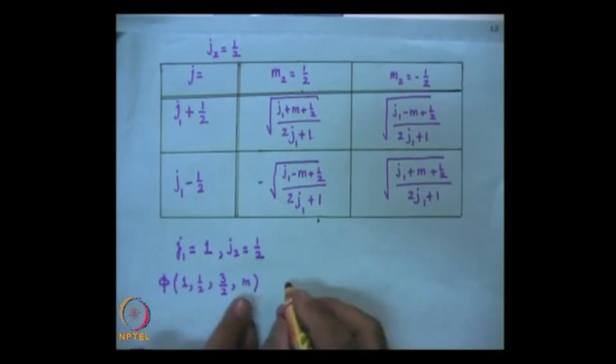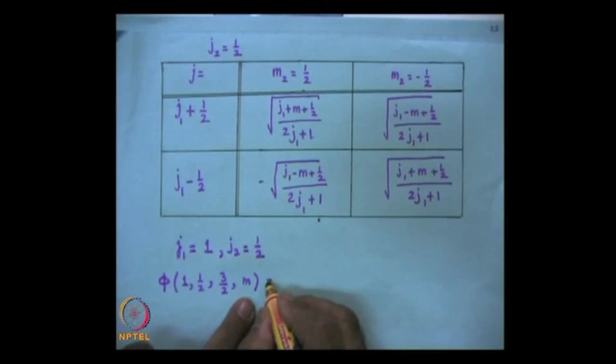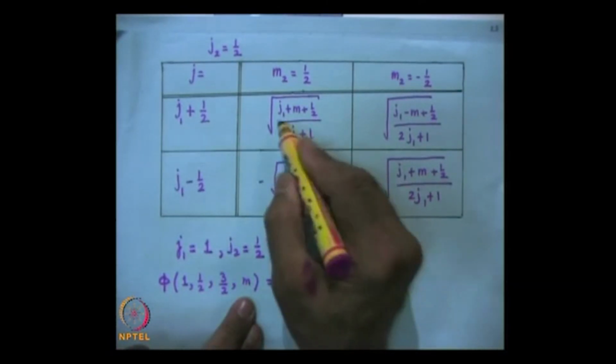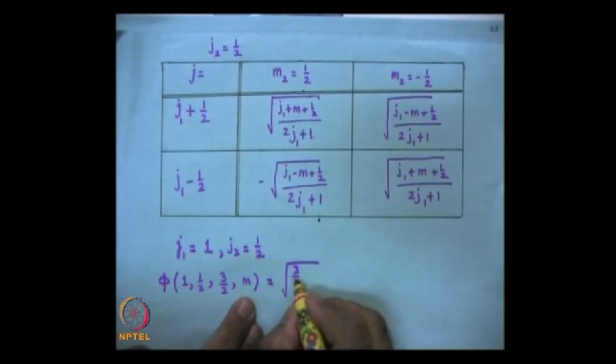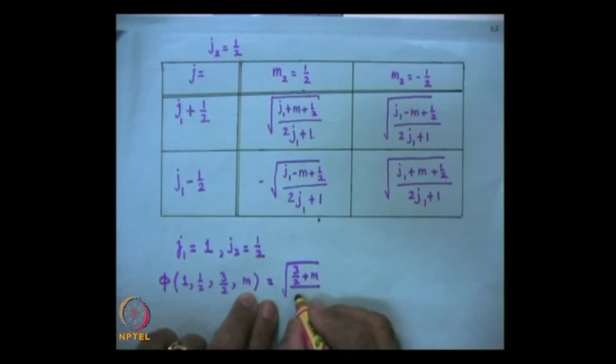Then this tells us that this is, j1 is equal to 1 plus half, 3 by 2 plus m, two into 1 plus 1, that is 3.